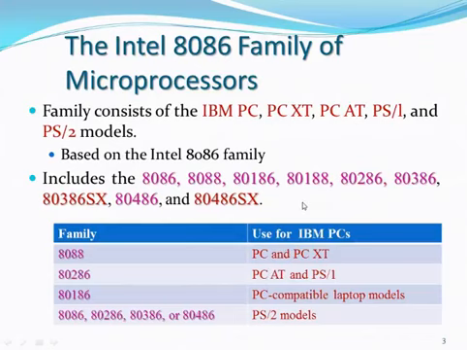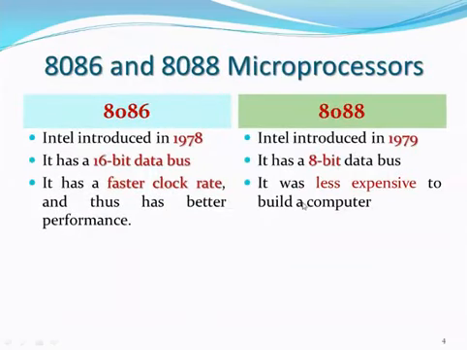All right. Now we are going to see one after another, in the next slide. Look at here, this is a difference, but it is your job to tell me which one is good and which one is bad. So this is the difference between the 8086 and 8088 microprocessor, right?